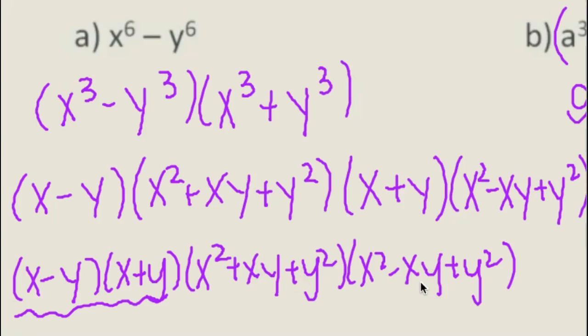So when you use your sum or difference of cubes formulas, this part of the quadratic is never going to be factorable. If you use a sum or difference of squares, this part is never factorable.